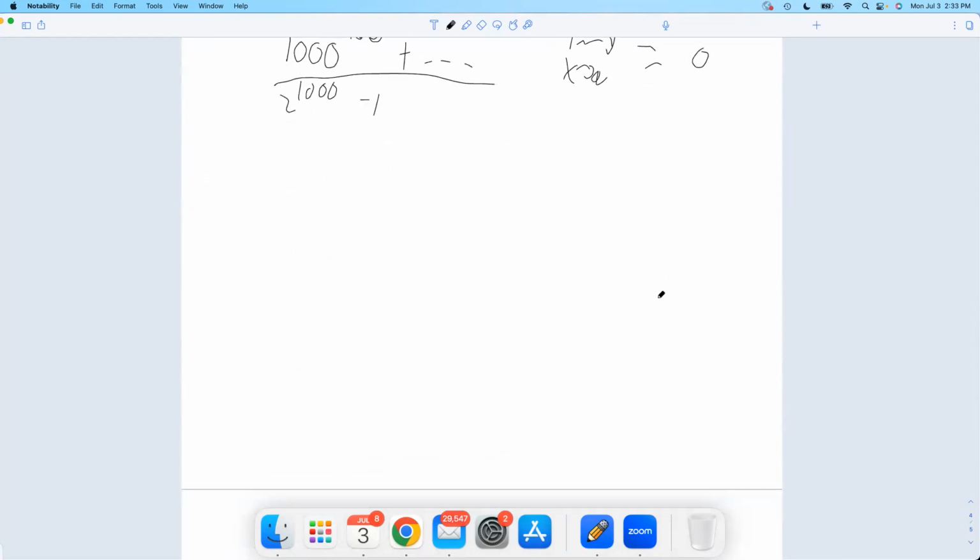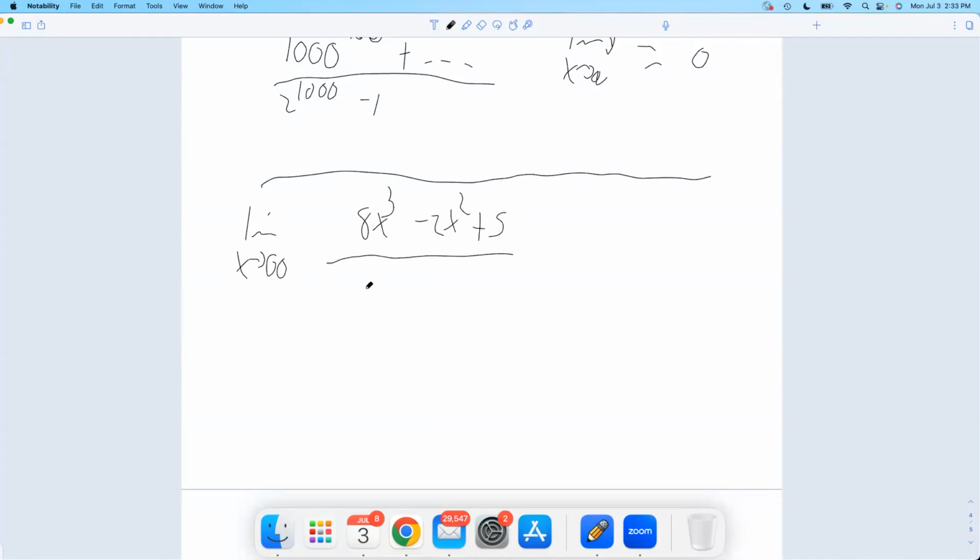Let's look at another example. Let's say we had the limit as x approaches infinity of 8x cubed minus 2x squared plus 5 over 9x cubed plus 3x squared plus 10,000, whatever. Okay, let's look at our end behavior.